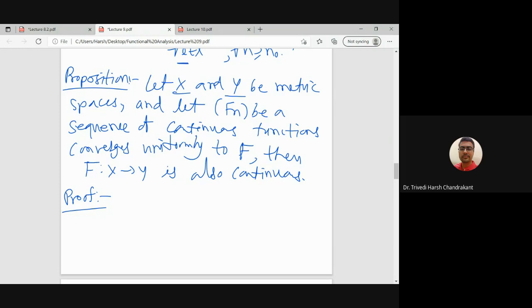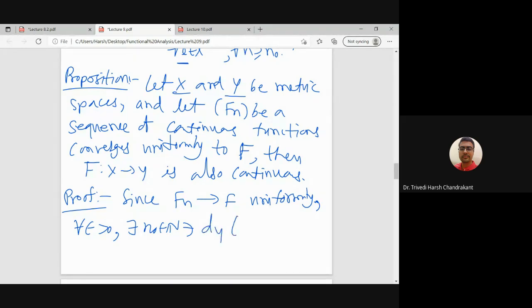So let us start with the definition of uniform convergence. Since f_n is a sequence of functions which approaches f uniformly, what we get is, for every epsilon greater than 0, there exists an integer n naught such that the distance of f_n(x) with f(x) is less than epsilon by 3 for every n greater than or equal to n naught.